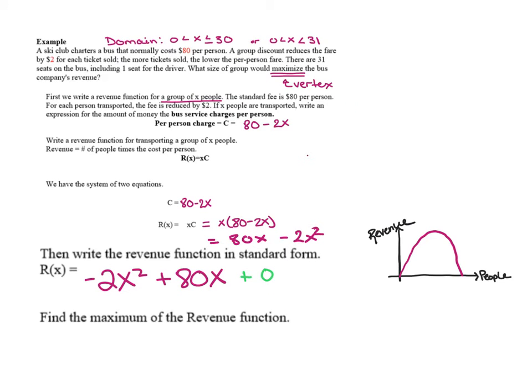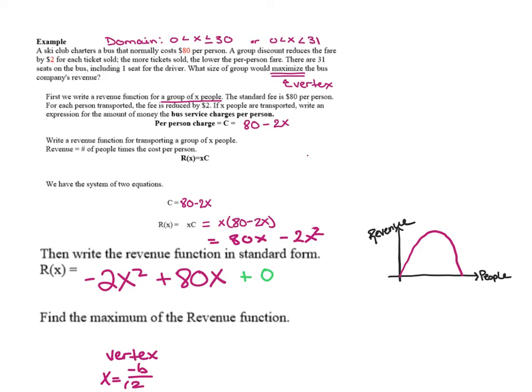Looking at our function in standard form, the negative 2x squared plus 80x means we have a downward facing parabola, and we want to find the maximum revenue. So our maximum, again, would be the vertex, which in our parabola is the peak over here.